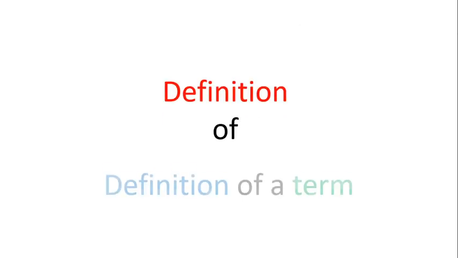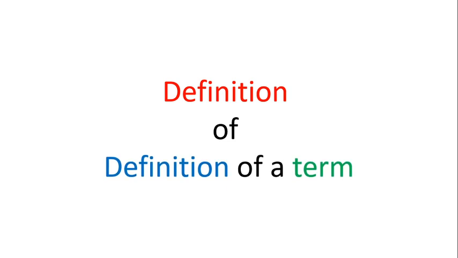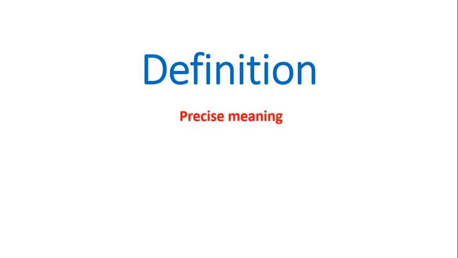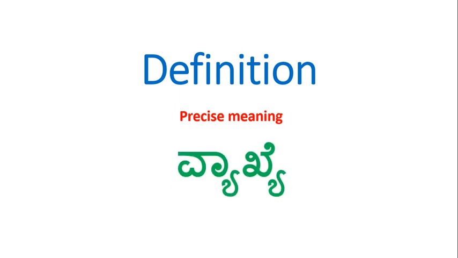Now, can you tell me what you mean by definition, or can you define the term definition? Here is a small effort to give you the meaning of the word definition. Definition means precise meaning, exact meaning, vyakya.